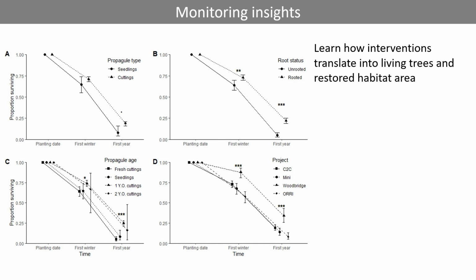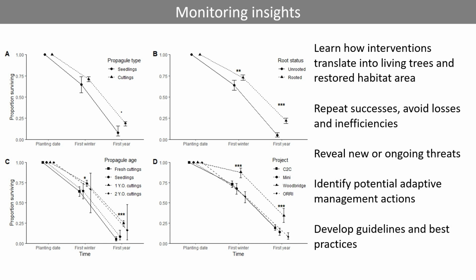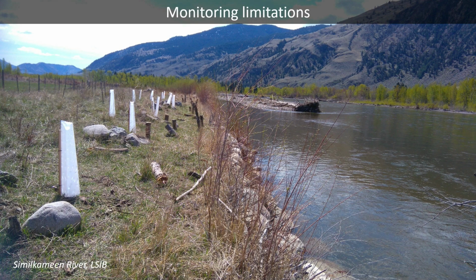So for example, these are from some projects that I looked at where we compared unrooted and rooted cuttings, survival over time, or seedlings versus cuttings, etc. They allow you to hope to repeat your successes and avoid losses and inefficiencies, while revealing maybe new or ongoing threats, helping you to identify potential adaptive management actions, and maybe even develop some guidelines and best practices.